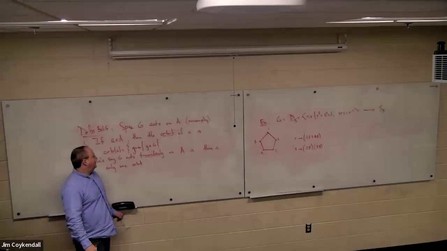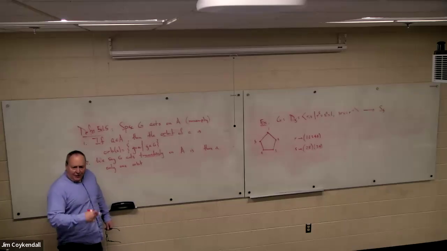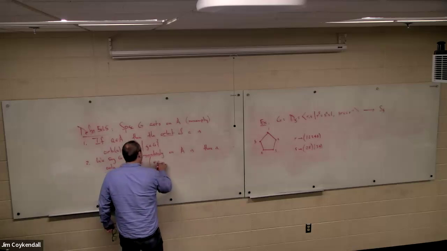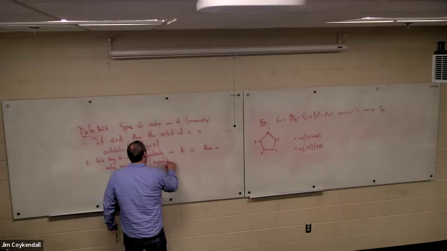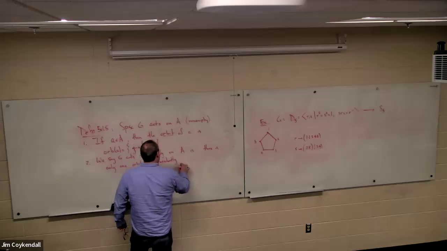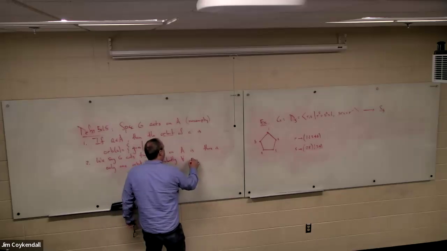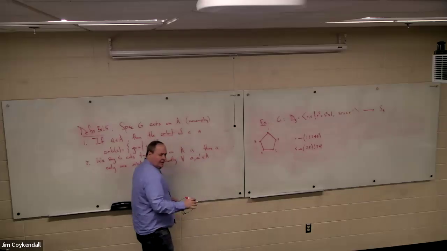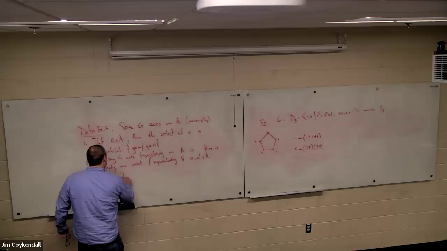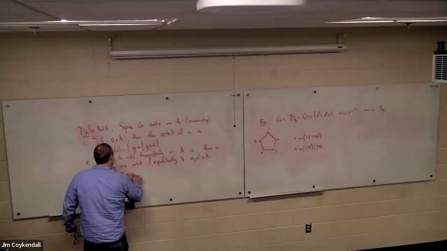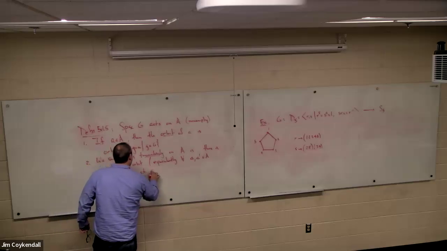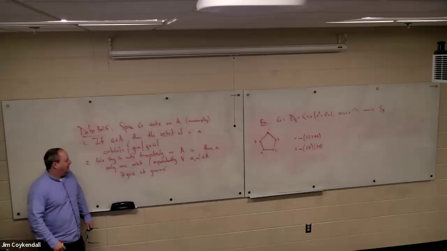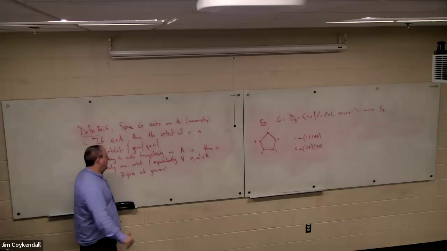We say that the action is transitive if there's only one orbit. Here's an equivalent way to think about it. For any pair of elements a and a prime in A, there exists g in G such that g pushes a to a prime. So that's another way to think about transitive action.